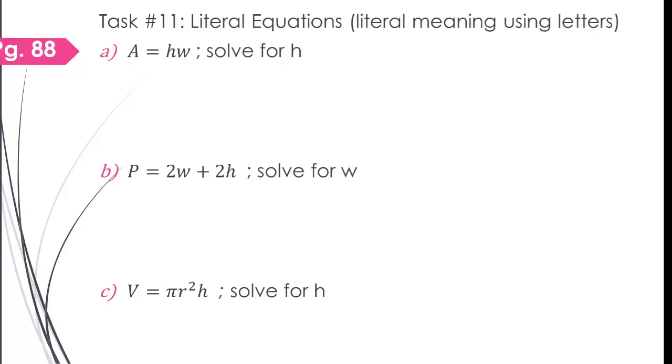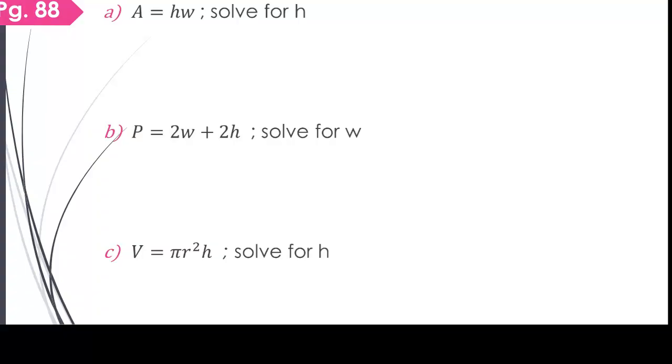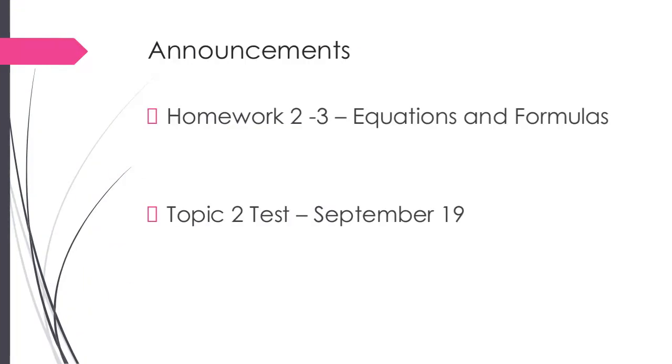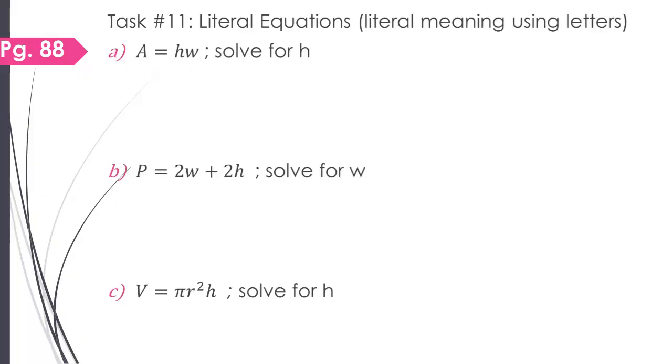So the first one is the area of, I guess, a rectangle. And area is equal to height times width. We need to solve for h, meaning I need to isolate and get h by itself. Okay? First of all, let's see, how many do we have here? We have 5.